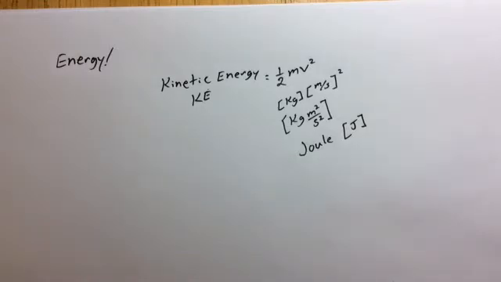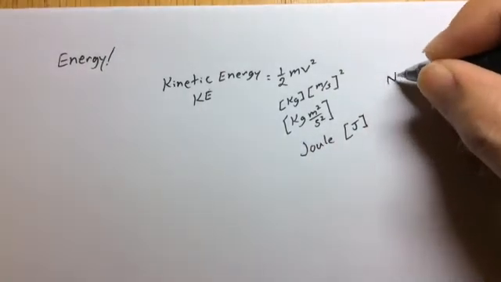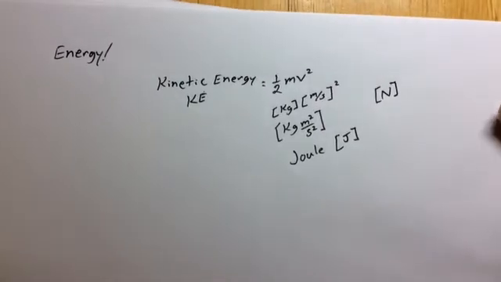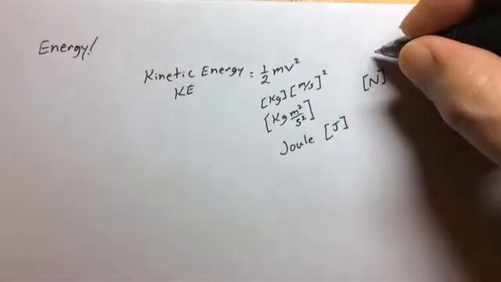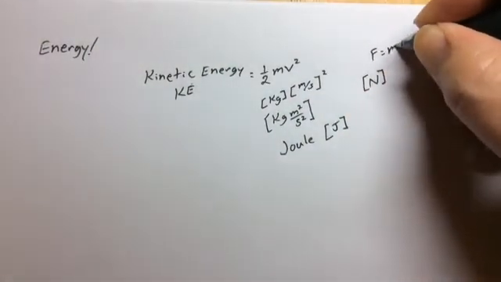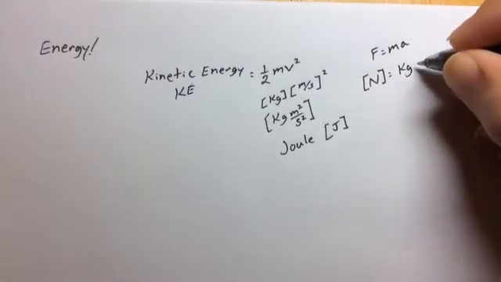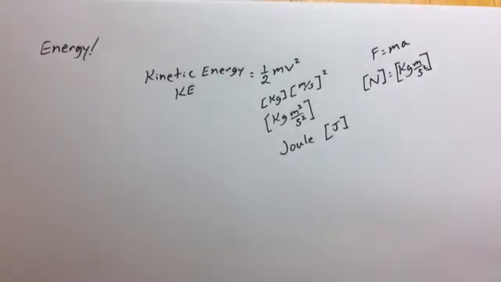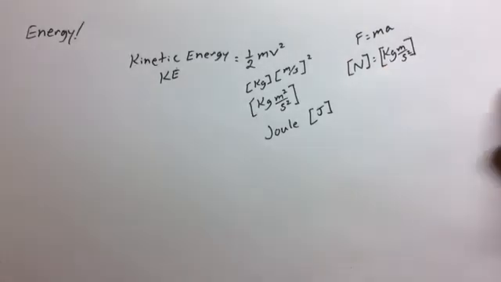The other thing we can say is that, remember back to newtons. Newtons is a unit that replaces a bunch of other units. For units of force, F is equal to ma. Well, m is kilograms and a is meters per second squared, so really the units for newtons is kilogram meter per second squared.